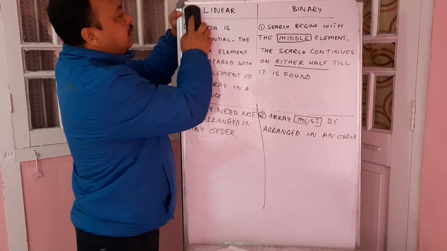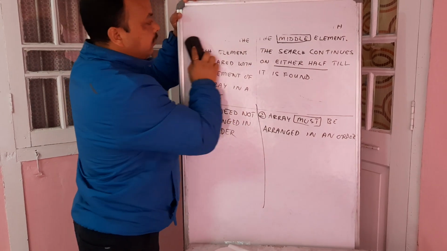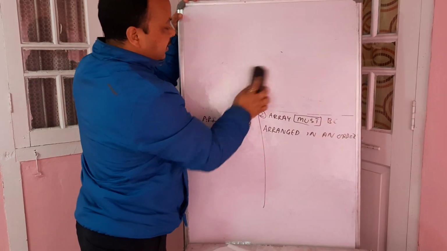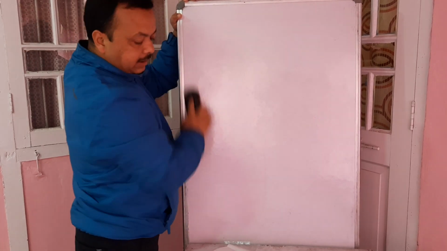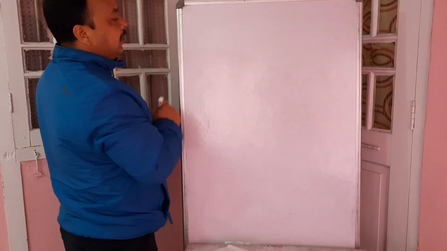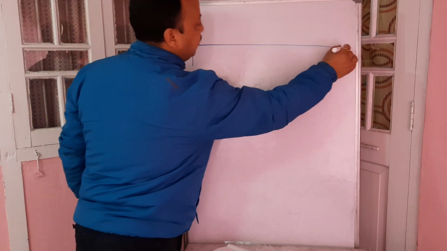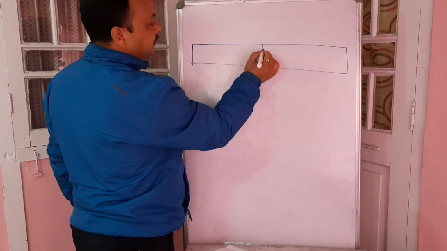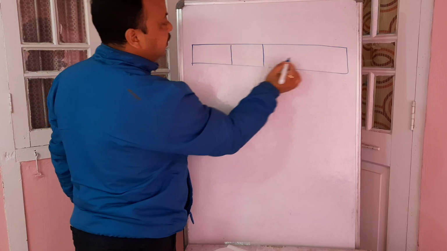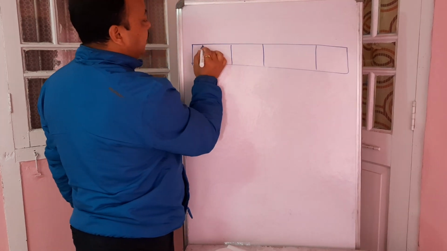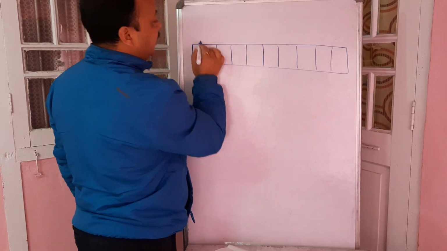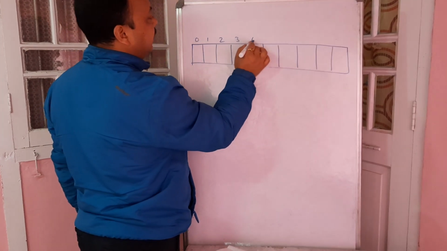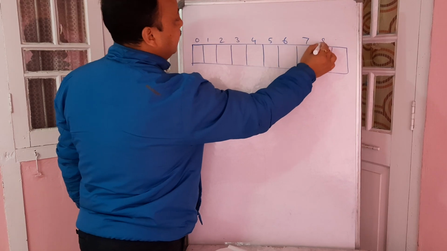Okay, let's quickly start with binary search. Let us try to understand the technique first. We will take a horizontal layout again, divide it into 10 elements. So here you have 10 elements, 0, 1, 2, 3, 4, 5, 6, 7, 8, 9.